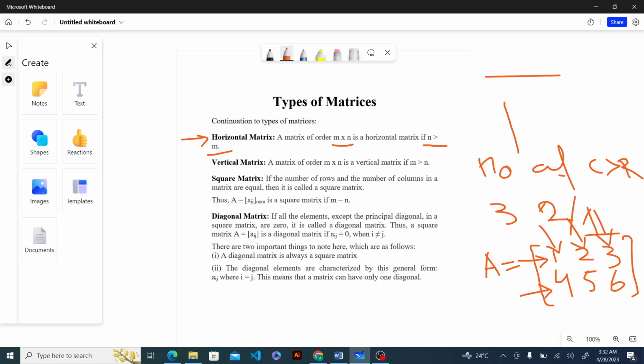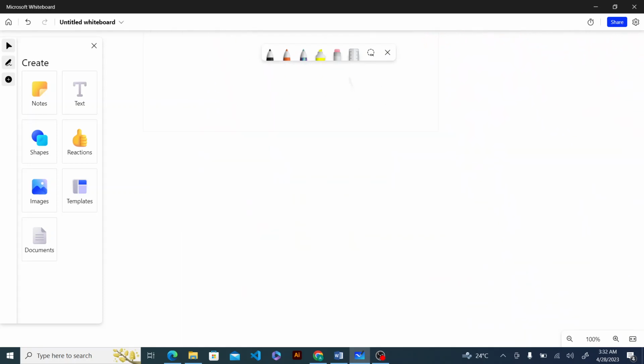Means the number of columns is greater than the number of rows, so it makes a horizontal matrix. Let me give you some other examples as well. We have to follow this rule for n greater than m. The number of columns is greater than the number of rows.